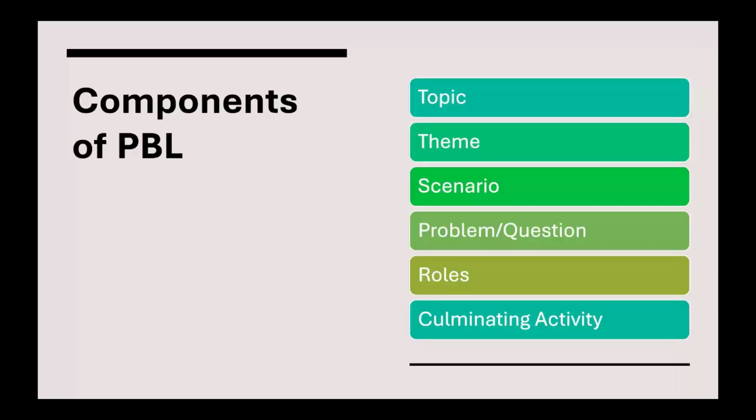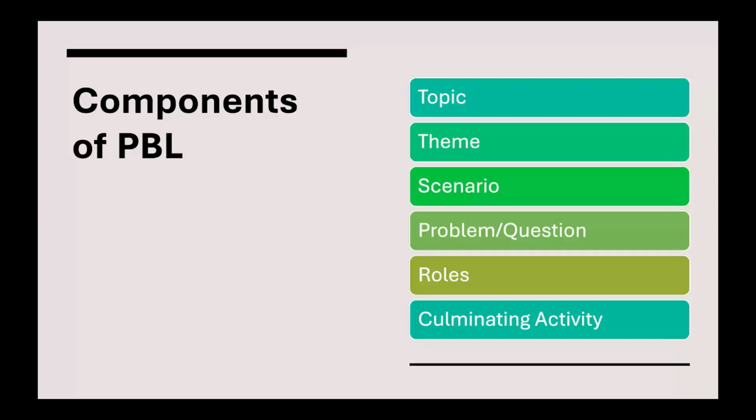Okay, so if you were to put a PBL lesson, unit, topic together, these are the different components that you want to really hit on. The main thing is you want to make sure you have your topic, your theme, scenario, your problem or your question. Some people call it problem question, but you're given your problem and it's tied into your question, roles, and then your culminating activity.